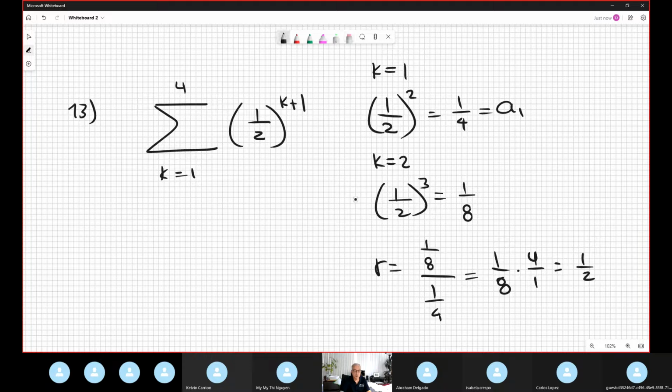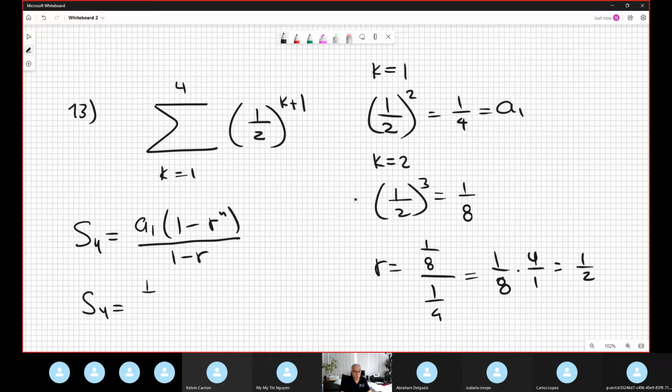Okay, ready to plug it into my formula. The summation for 4 elements, because n is 4, look at that. The formula says A1 times (1 minus r to the n power) divided by 1 minus r. In our specific example, A1 is 1/4, 1 minus 1/2 raised to the 4 power, divided by 1 minus 1/2.